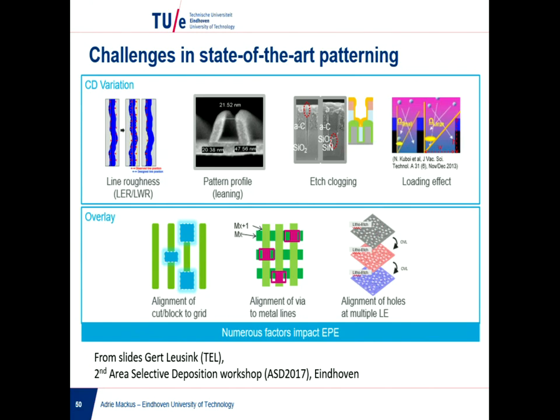You have to think about the structural integrity of the resist film, as it may collapse during development. But a very important challenge these days is alignment. If you make a multi-layer device stack, how do you make sure that all these films are present at exactly the right spot? That's one of the challenges where area-selective deposition can help.